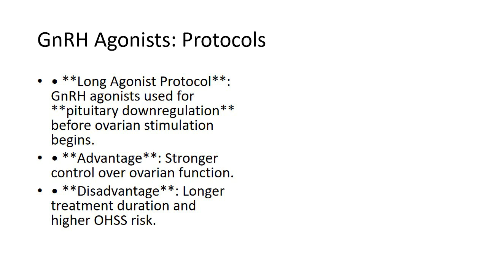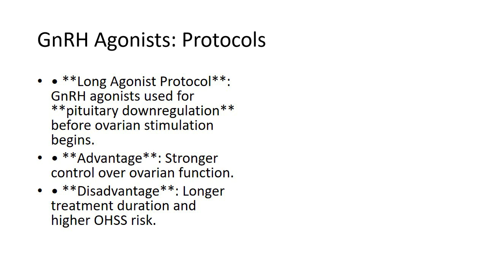Long protocol: GnRH agonist started in luteal phase, day 21 of previous cycle. Continued until ovarian suppression, then gonadotropins are added. Used in high responders, but higher risk of OHSS.